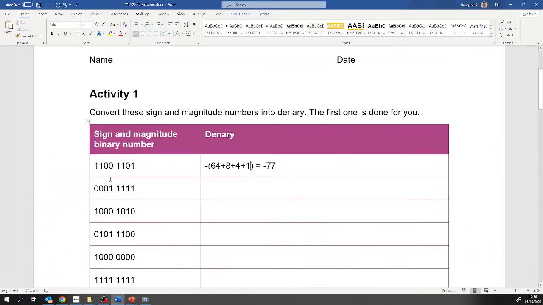But for now, your job is to work through these. So remember, the first most significant bit is the sign. So this is negative. That's where that's come from. This is positive. So I'm going to put a positive in here. And what's going to be positive? Well, I've got 1 plus 2 plus 4 plus 8 plus 16.